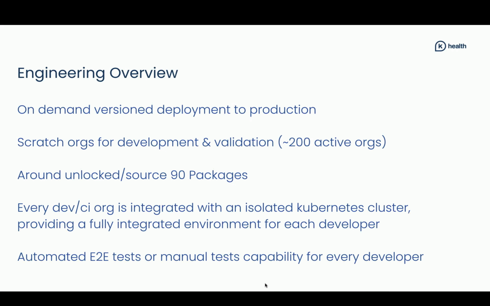So everybody can clearly know what exact version is in production, UAT, staging, and so on. We've got scratch orgs for development and validations, automatically prepared and provisioned. It's about 200 active orgs at a time. We have 90 packages that we've built, a combination of unlocked and source packages.